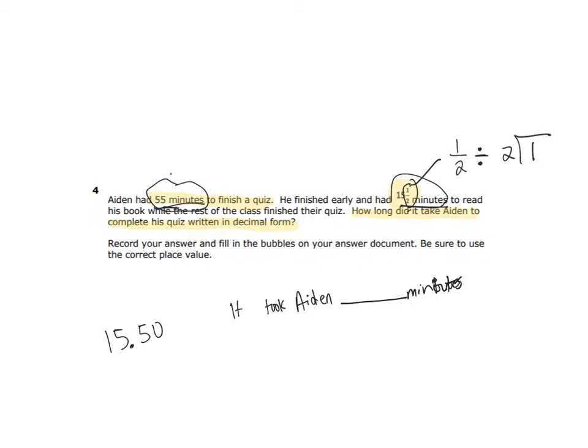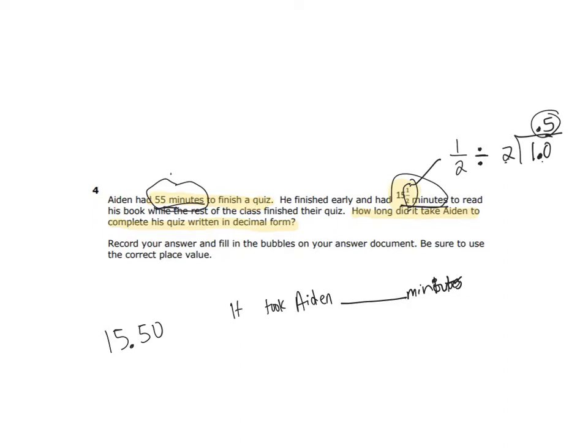Now, 2 cannot go into 1, but I can make this a decimal number by putting 0.0. That doesn't change the value, but now I can pretend like that decimal isn't there. I'm going to move it up. Now I can say can 2 go into 10, which it can, it's 5. And that's how we get the 0.5 from half.